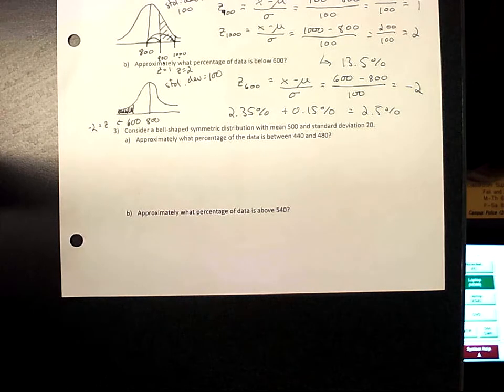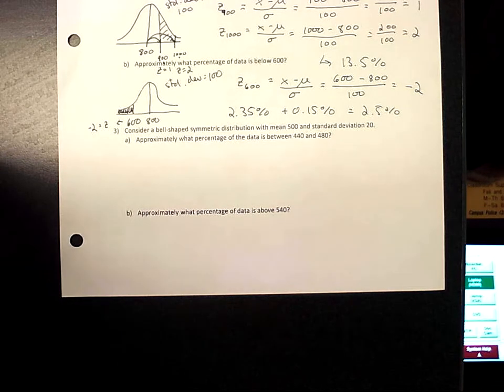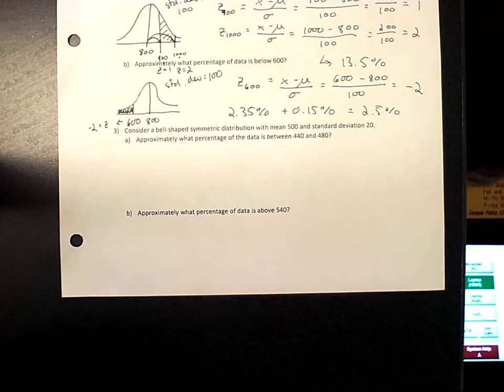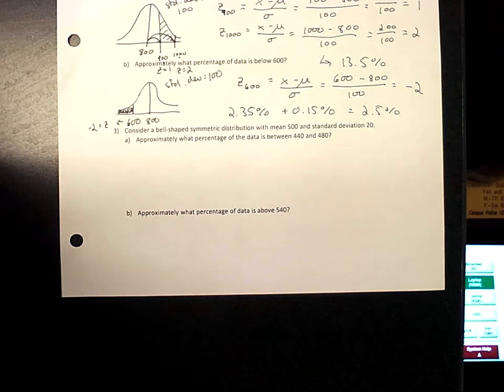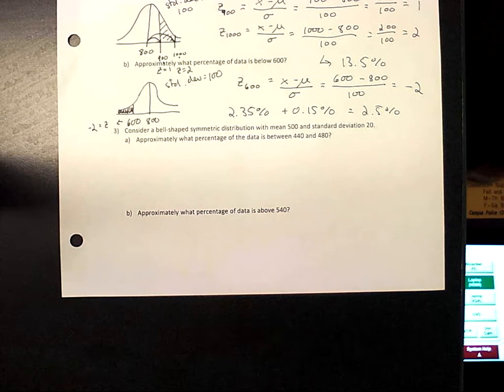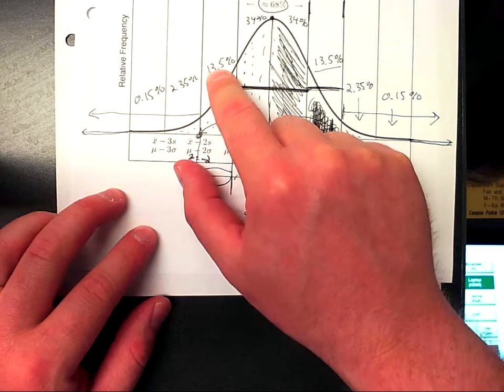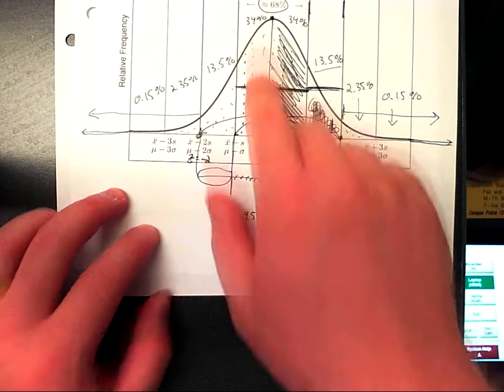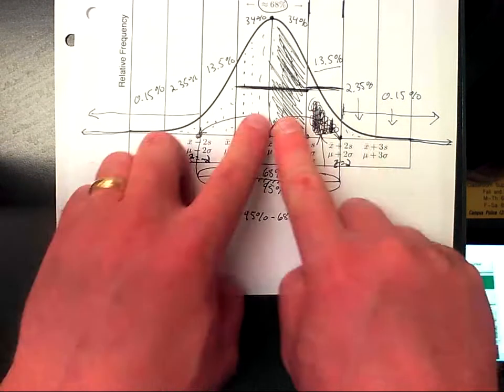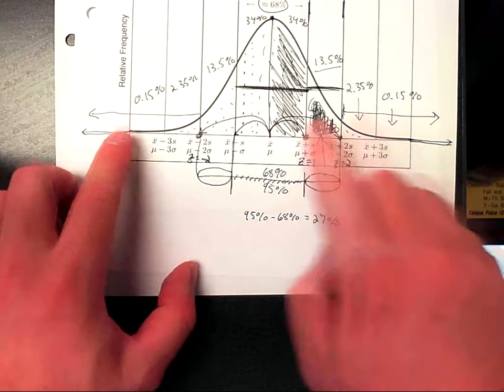And then what we did last class was we took those three percentages and we just broke them apart into those slivers. So what I said last class is that the people who tend to do well on the first exam, because you're going to have to do a bunch of these on the exam, is if you remember those percentages in the individual slivers. If you remember these percentages right here, 0.15, 2.35, 13.5, and 34, and these right here are just the same thing because this graph is symmetric.